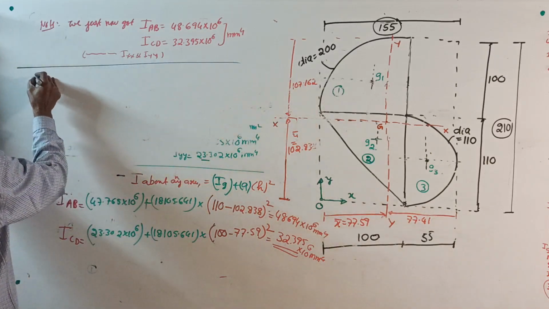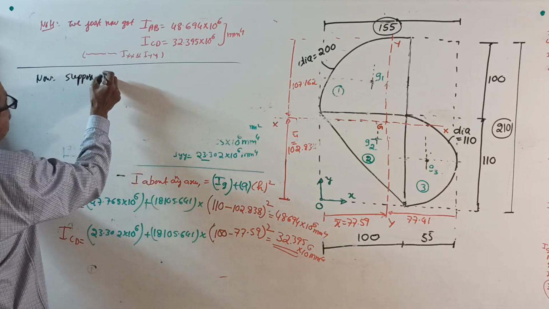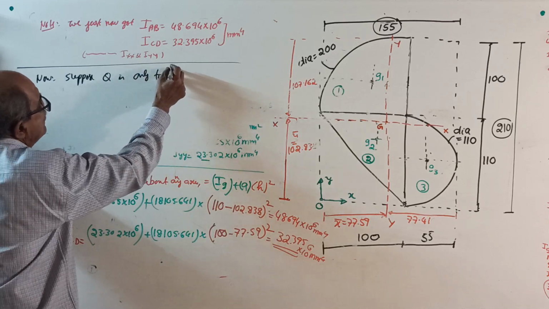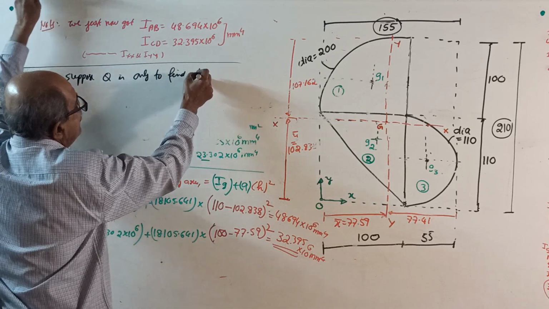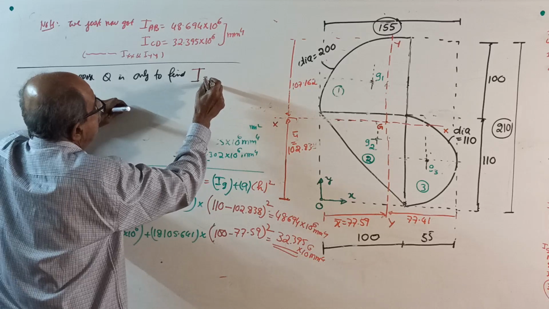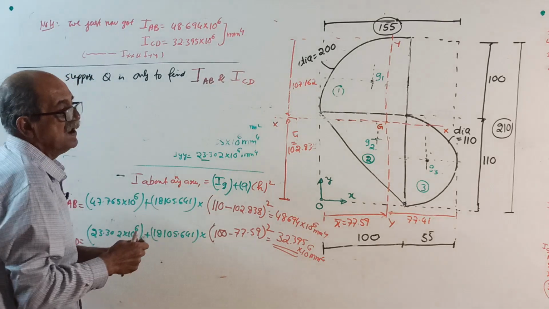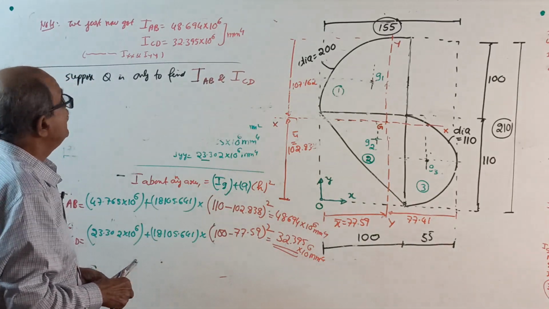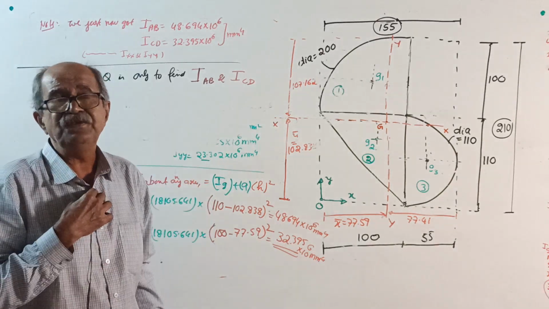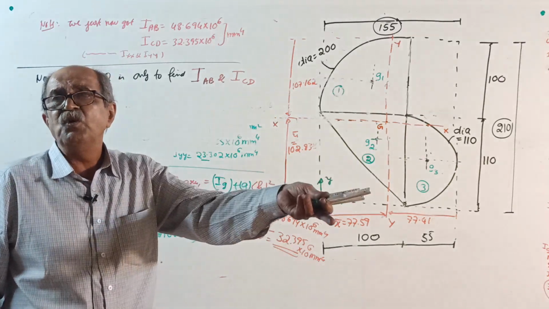Now, suppose the question is only to find I about AB and I about CD. Whenever I want to find I, I use red color. But our question is find I about centroidal axis and then find I about the 2 more axes.